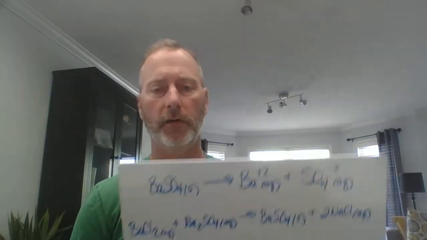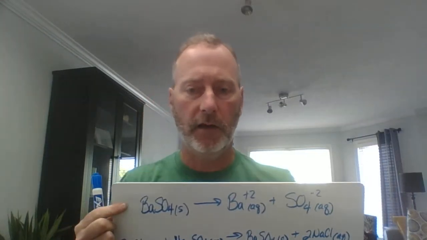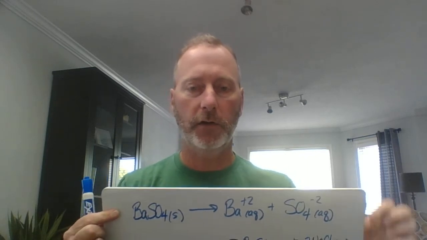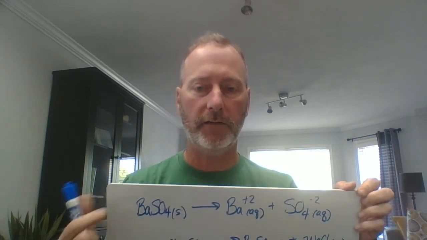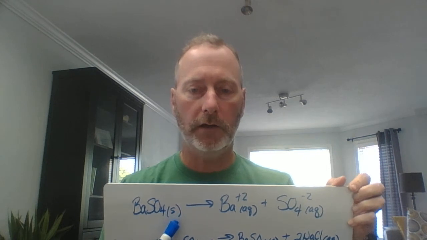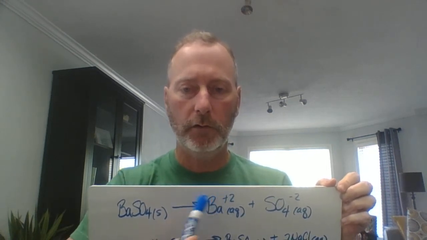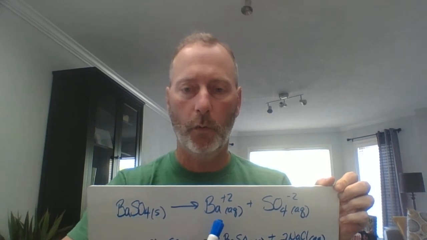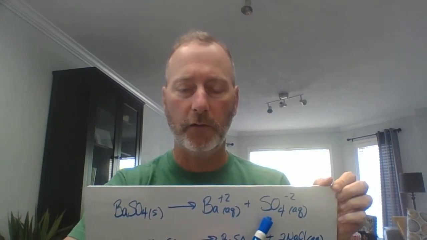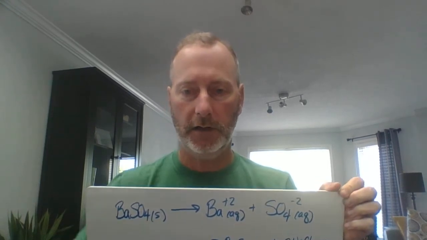Here's one of those at the top. If we take BaSO4, which is barium sulfate, solid, dissociation: Ba plus 2, because there's only one of them, AQ, and SO4, the sulfate, also AQ.